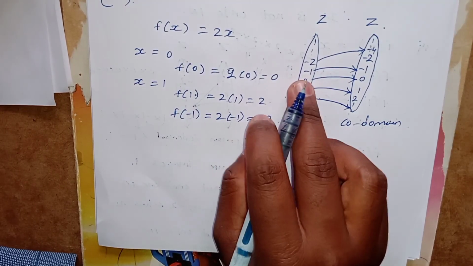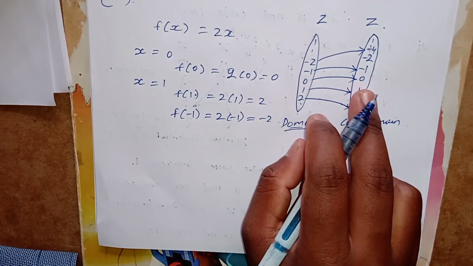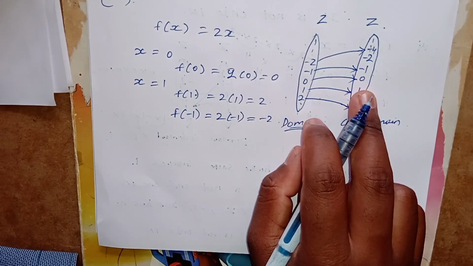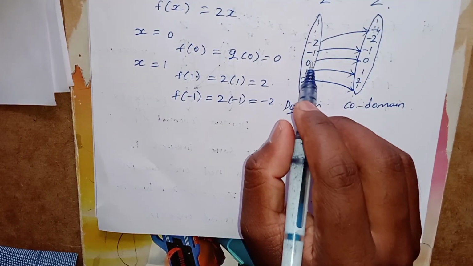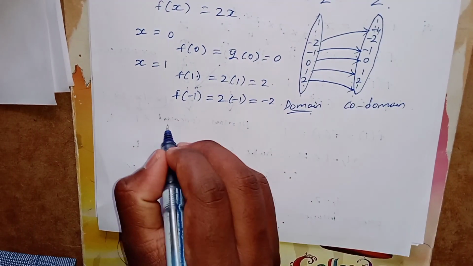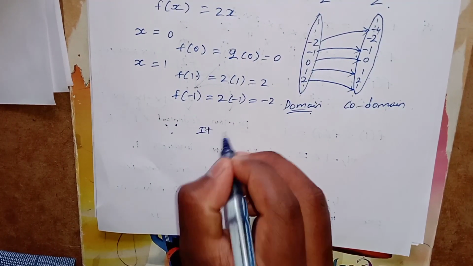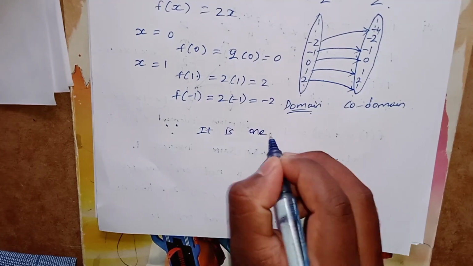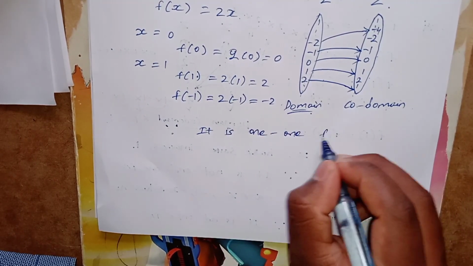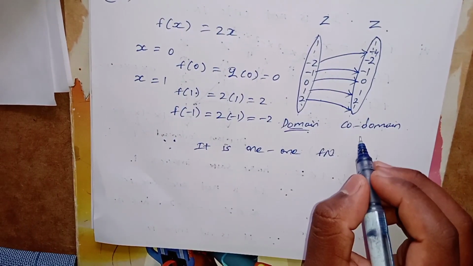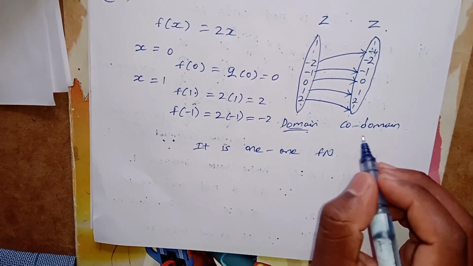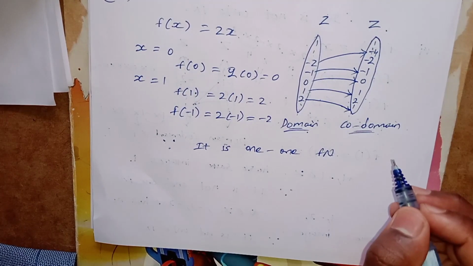Here every term has its own image. Therefore here also it is 1 to 1. Therefore here it is clearly a 1 to 1 function.